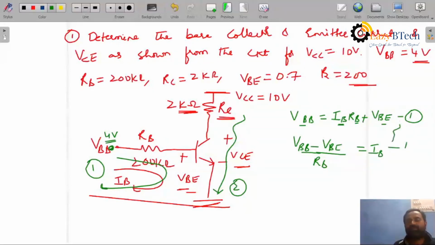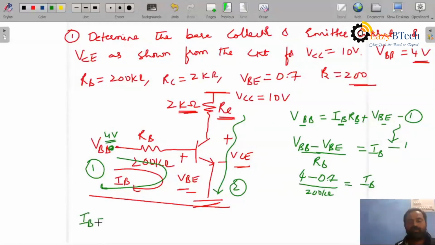Okay. From the first equation we derive. From this, what is the VBB value? VBB 4 volts. 4 minus VBE. VBE how much? 0.7 by RB 200 kilo ohm is equal to IB. Okay.